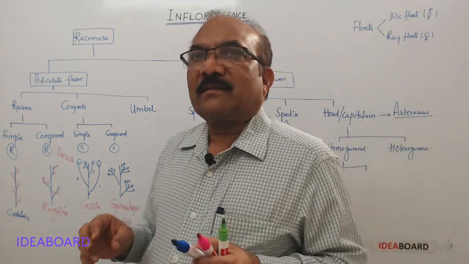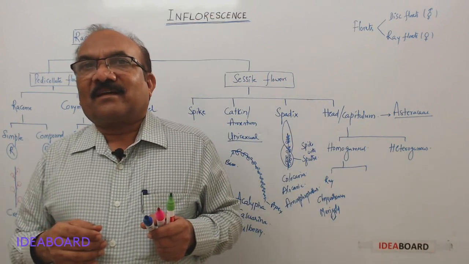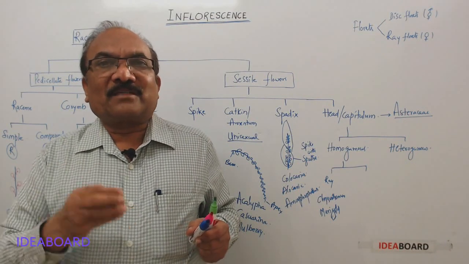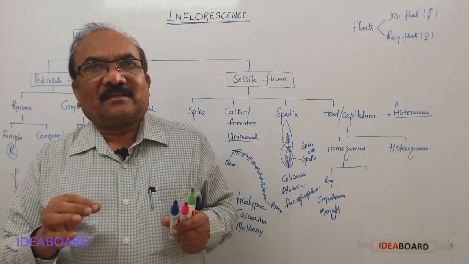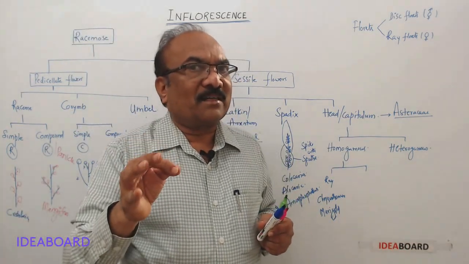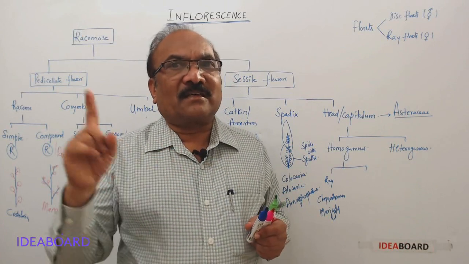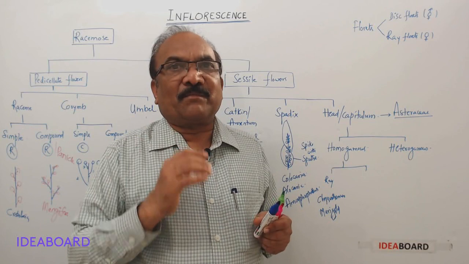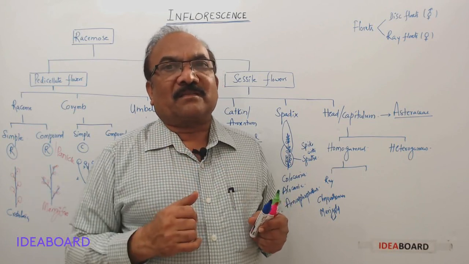But still, they produce seeds. Can you tell me how they are able to produce these seeds? I think you have studied apomixis. That's why this family Asteraceae is mentioned under that aspect, apomixis. Asteraceae members and Poaceae members show apomixis.